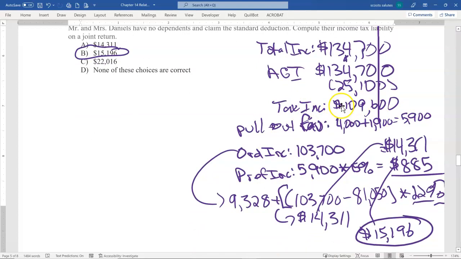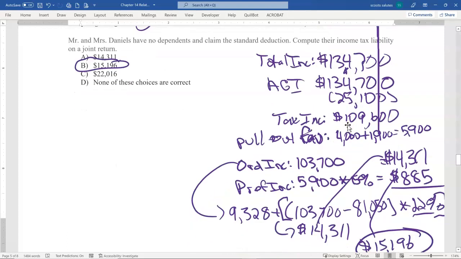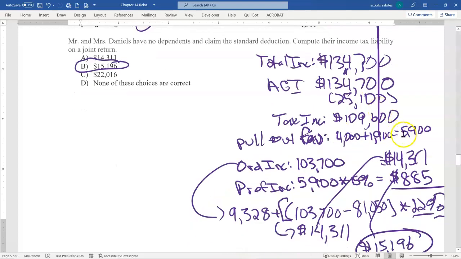That left us with a taxable income of $109,600, and then that's where we back out the $4,000 of the dividends and the $1,900 of the capital gain. That dividend, if you ever hear anybody call it a qualified dividend, that's the 15% rate. So you can have some dividends that are taxed at the ordinary rate. 5,900 is the total, so we took that 5,900, we multiplied it by 15% and got $885.